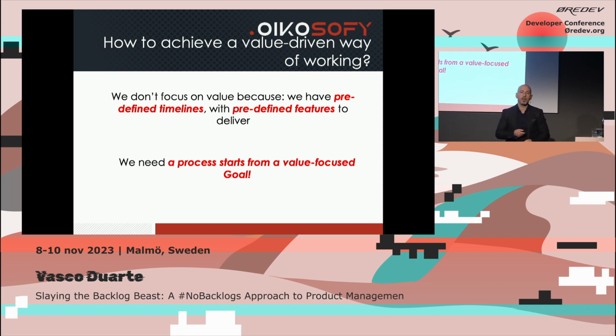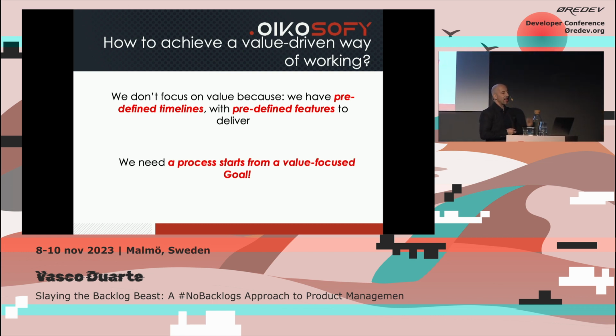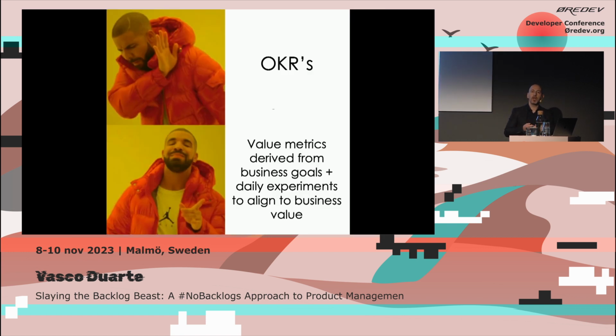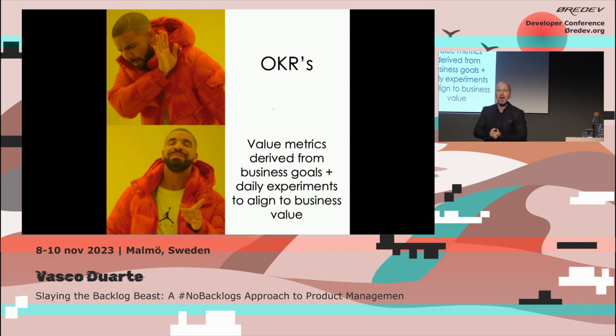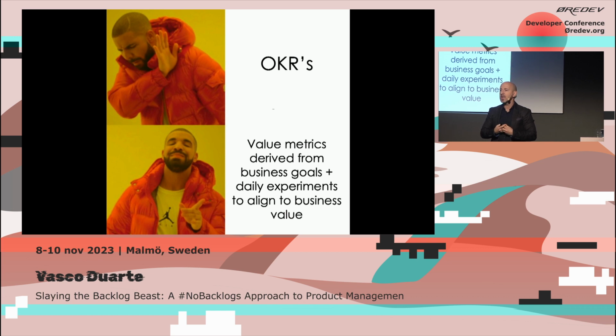So we need to start with a process that is value-focused, and it has a goal. So what process could that be? OKRs? Oh, no, please. OKRs is just project management applied to the whole organization. It's the micromanager's dream. It's a wet dream for most control freaks out there. Get out of it. Individual goals? Haven't you heard Deming?